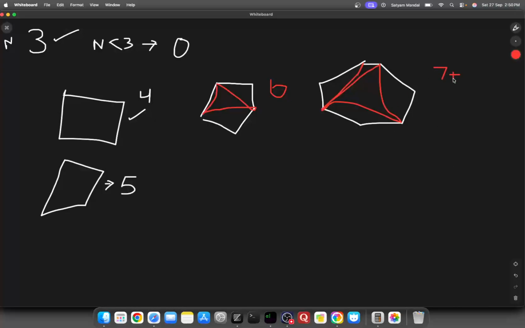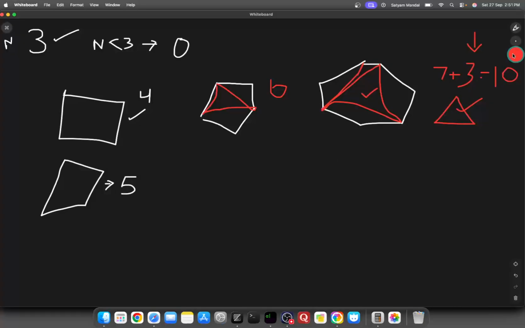So 7 plus 3 is 10. So our answer is 10. And our new polygon is this one. So we can't further create a child of this polygon. That's why I stop at 3.